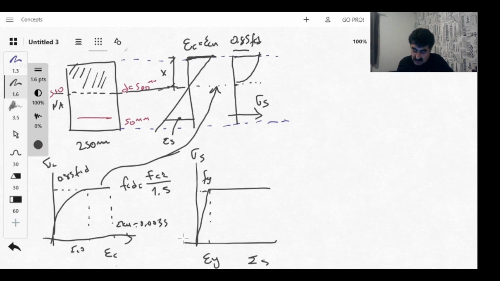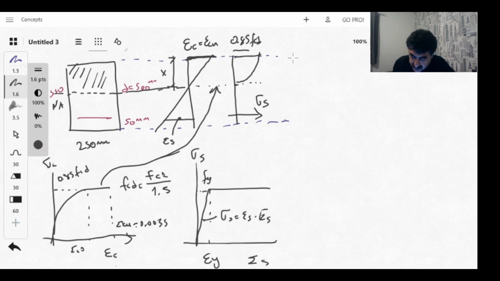So it's bilinear. Here we can consider sigma s equal to epsilon s multiplied by Young modulus Es. But after this point the stress will always be fy. So easily we can consider sigma s as fy directly. But in concrete it is not the case.